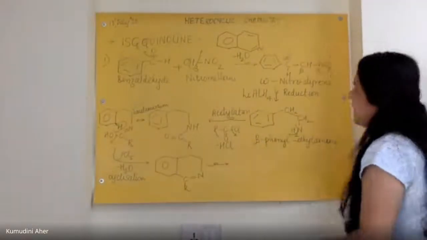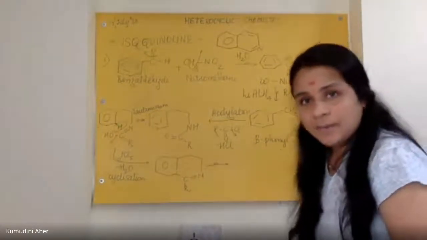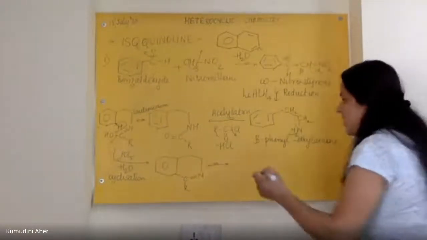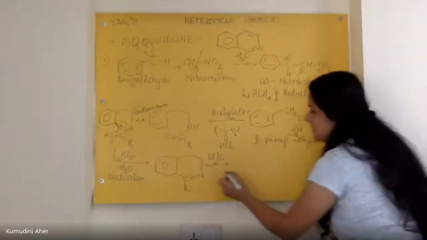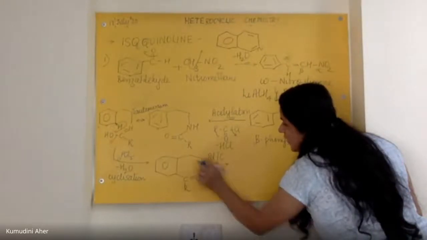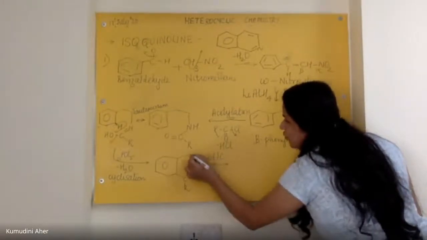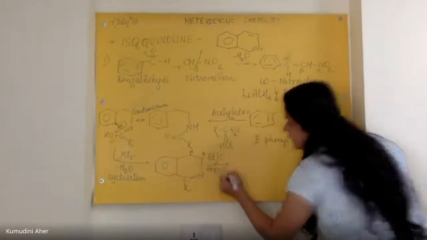Now, I need to have a double bond at this position. So a double bond at this position will be obtained by using palladium as a catalyst for removing the hydrogens. I have to remove the hydrogen over here and over here. This takes place at 100 degrees Celsius.